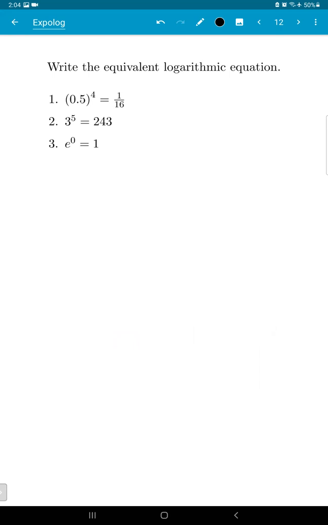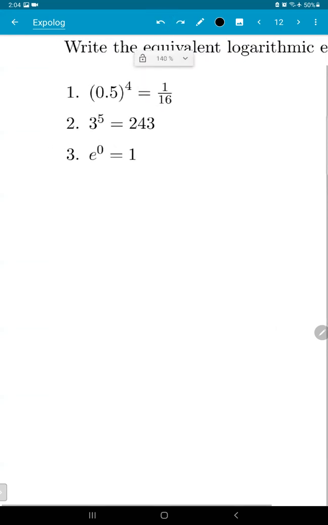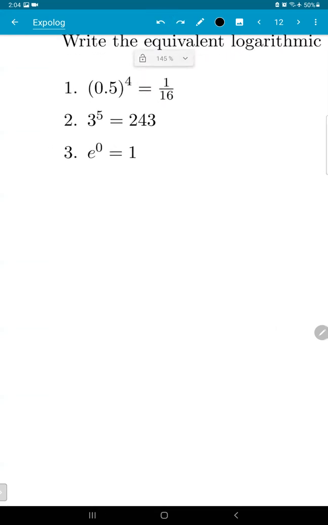All right, let me just ask. Write number 2 in logarithm. Anyone? You can send it into the chat box. Can you give me the logarithmic form of that? 3 raised to 5 equals 243.